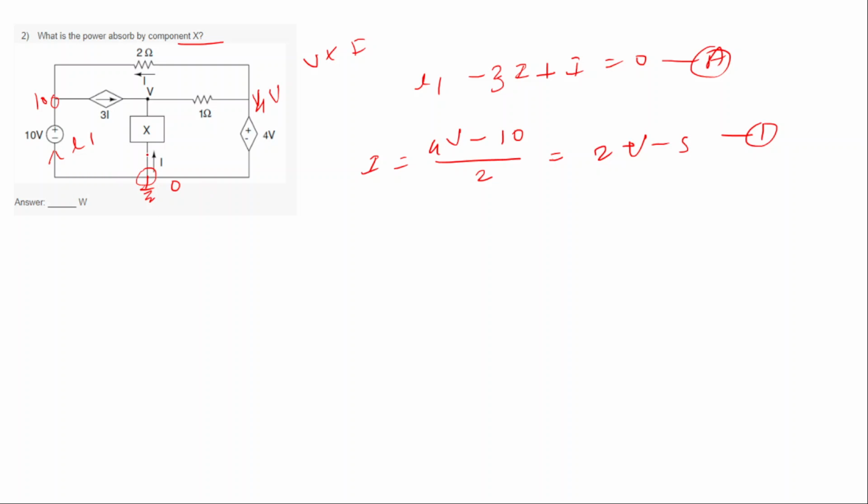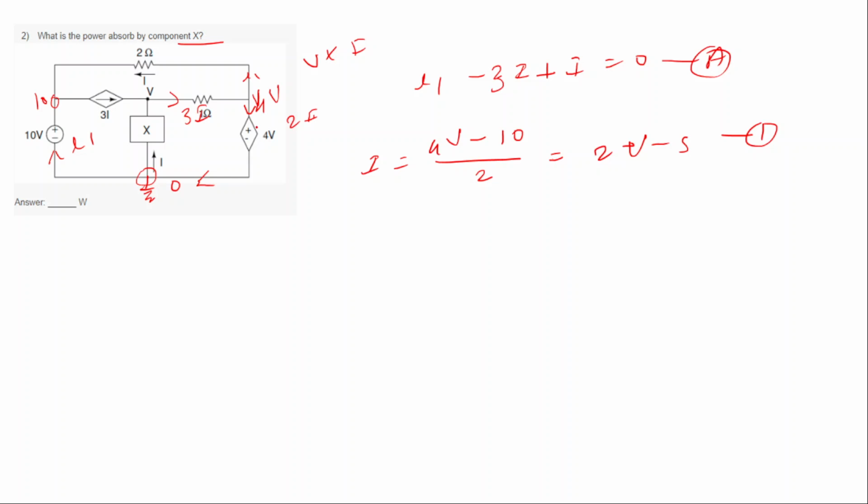Let's assume this current is I, this current is I, this current will be 3I, and the current going in this direction is I, so this direction current will be 2I.